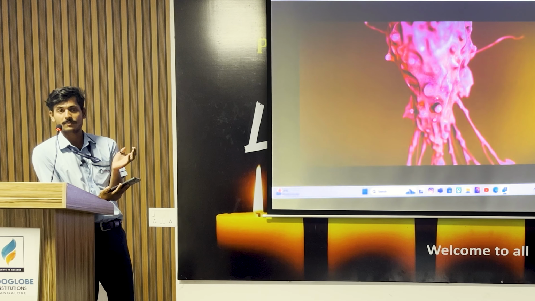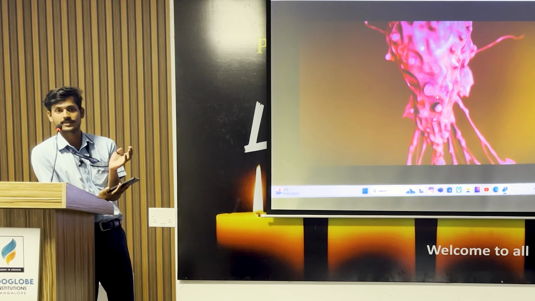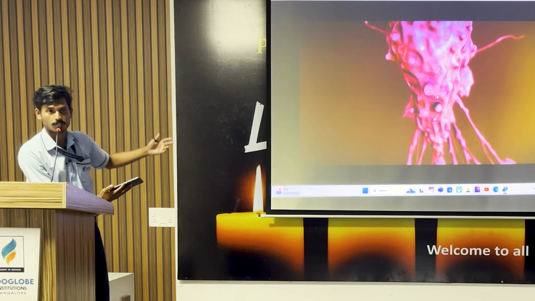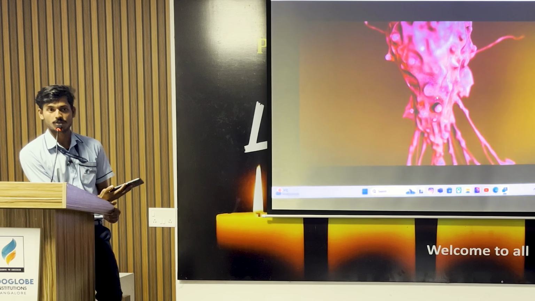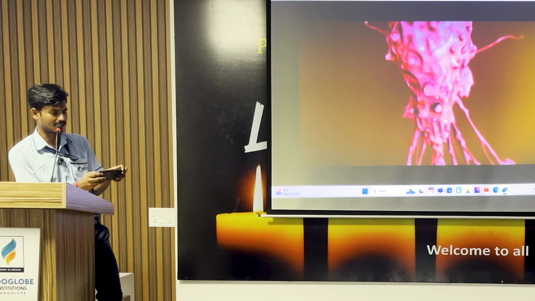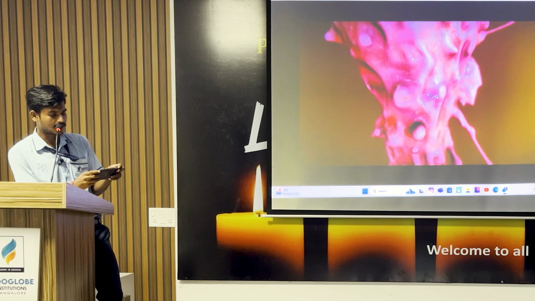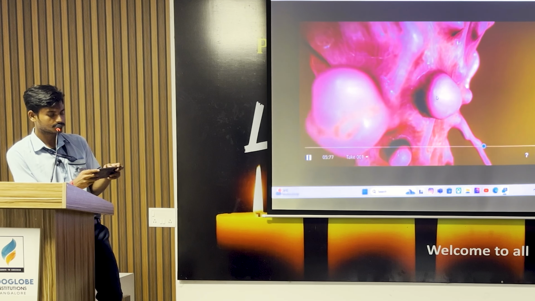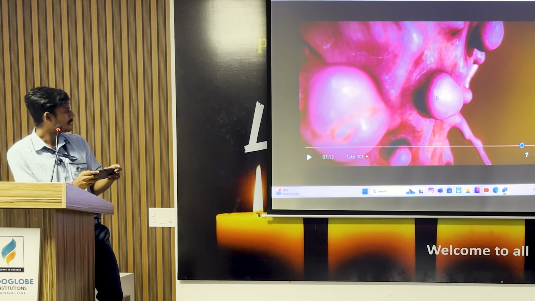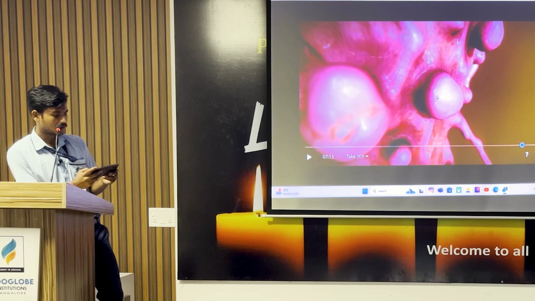Cancer cells also divide, they have the property of mitosis, and faster as compared to our normal cell division. Cancer cells grow at a faster rate. See the growth, how they are growing.